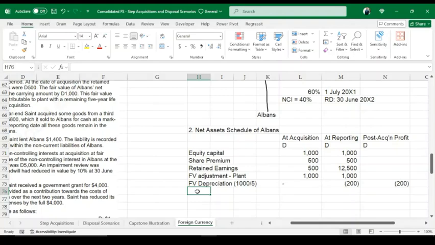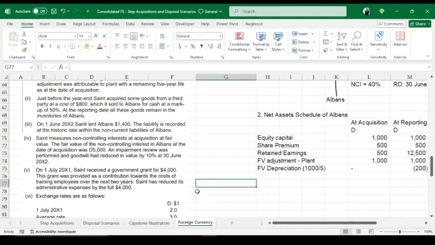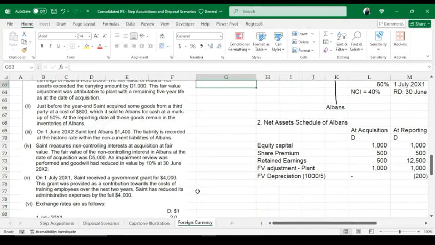Then, as you already know, the net asset schedule deals with anything that pertains to the subsidiary. Anything that affects the equity portion of the subsidiary is going to be treated under the net asset schedule. So let's come to the notes again, and we've been told that Albans actually received a loan. Note 3 says that on 1st June 20x2, Saint lent Albans $1,400.